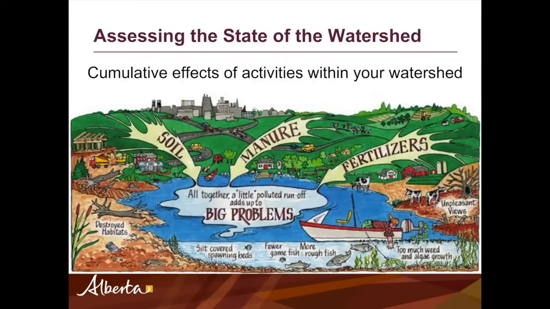I have enhanced it a bit, but you've probably seen this kind of image showing the activities on a landscape in the uplands and around the shore and on the water body itself, and how these all contribute to cumulative effects. And this is what the state of the watershed is trying to get at. What are all the influences within the watershed that are affecting the state of the watershed?